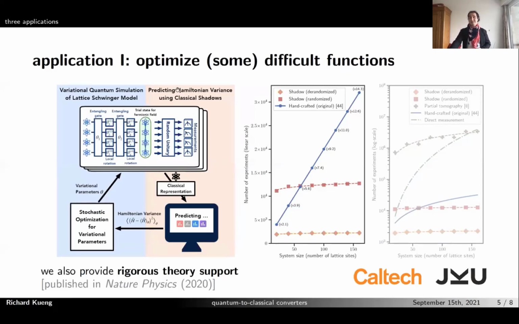And for a concrete example that was done by the Innsbruck group and published in Nature, we could show that the original readout cost for their protocol, which was already optimized, scaled at least linearly in the size of the quantum coprocessor, whereas our results scale only logarithmically. And that is an exponential improvement in the readout cost for each step of these iterative procedures. And this quickly adds up and actually can make a difference.